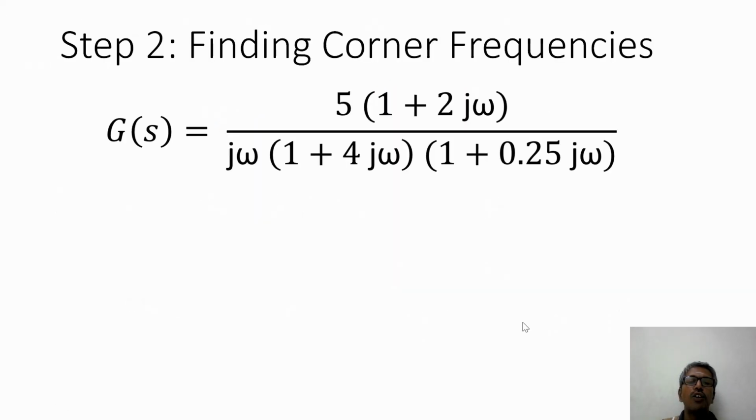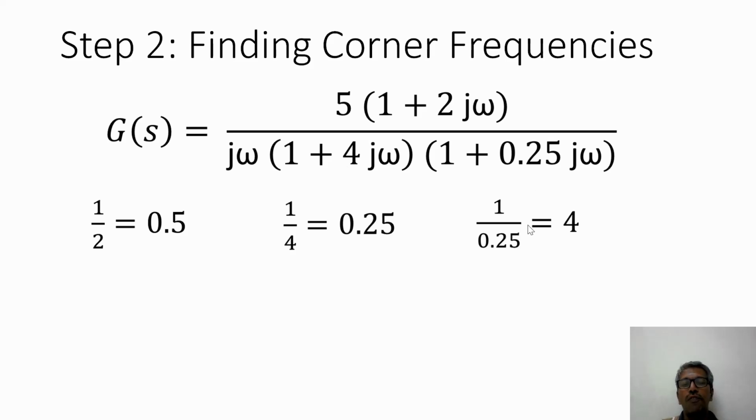Then second step, you have to find the corner frequencies. Wherever there is a 1 plus term, there is a corner frequency. Here there are 3 1 plus terms, so there are 3 corner frequencies: 1 by 2, then 1 by 4, then 1 by 0.25.